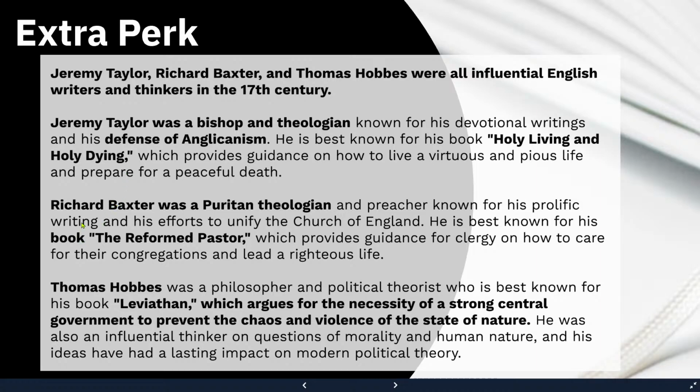Another option we had was Richard Baxter, who was a Puritan theologian and preacher known for his prolific writing and his effort to unify the Church of England. So remember, all these four options are from the church, and the previous questions also came from the same field, the same topic.